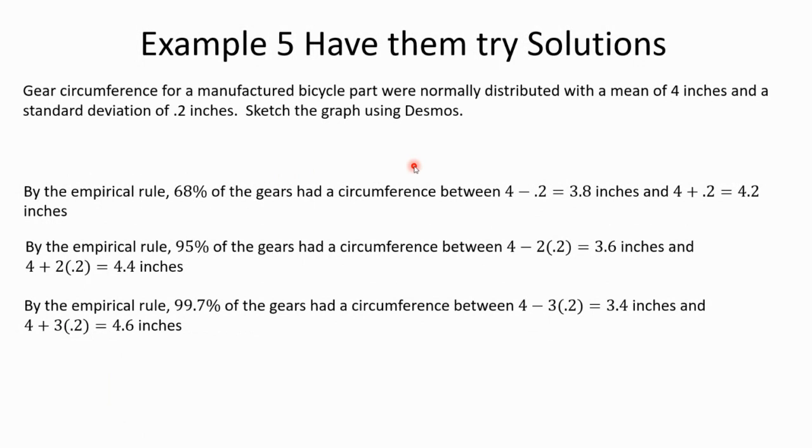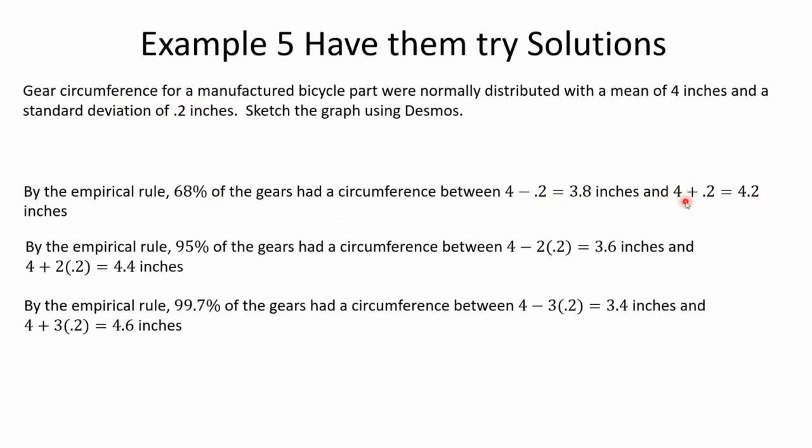Okay. So by the empirical rule, we have that 68% of the data values, or in the context of the problem, 68% of the gears have a circumference between 4 minus 0.2, again, that's the mean minus the standard deviation, which is 3.8 inches, and 4 plus 0.2, 4.2 inches.